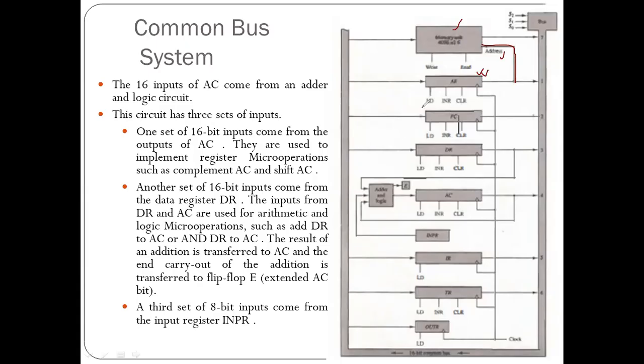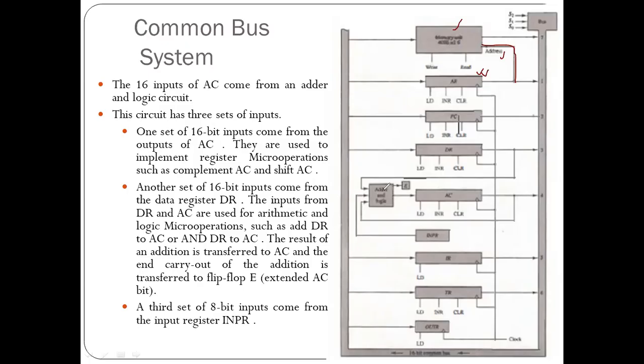And the next register, we have the accumulator, which can accept data in 3 different ways. The first way is that the accumulator will hold the data from the adder and logic circuit.